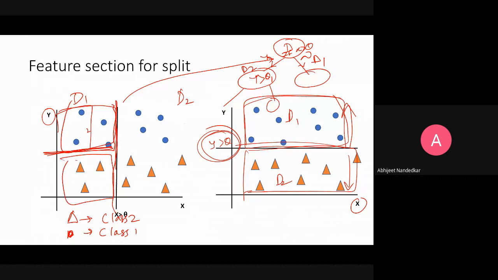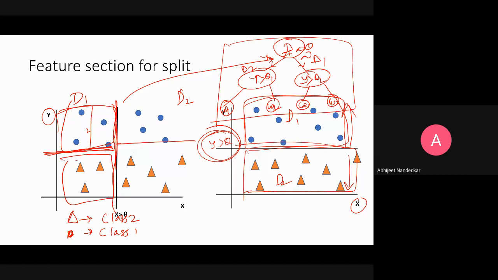These two sets are now pure, so you can declare them as omega 1 and omega 2. Then you have some other threshold here which makes this D1 into two subsets, and you get omega 2 and omega 1 here. Those are pure. So you need this much tree if you use the first feature as X.